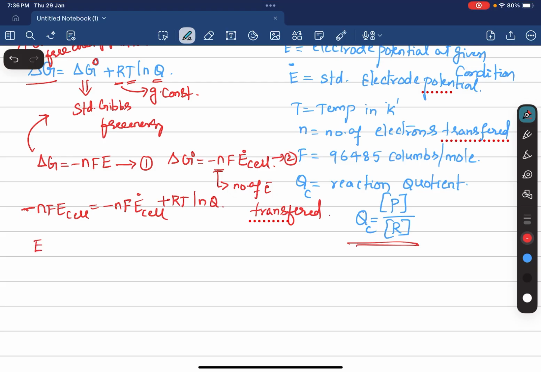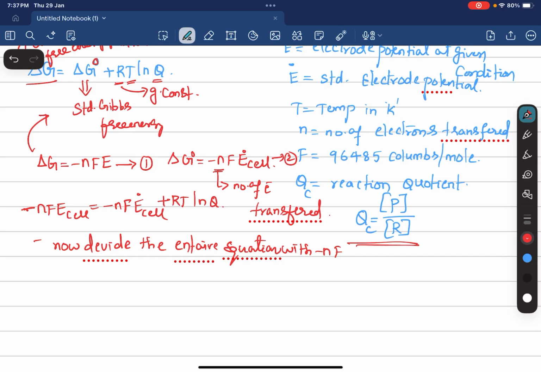Now divide the entire equation by minus nF. Then what will be the result?